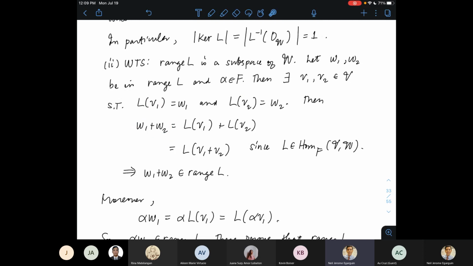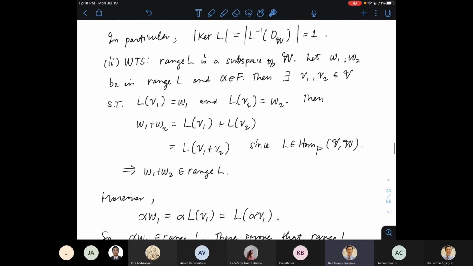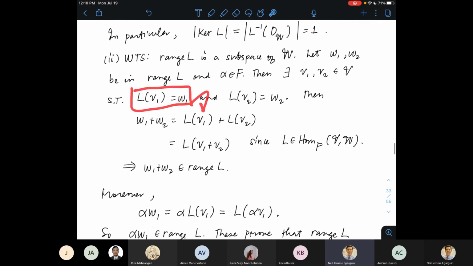But I can change W1 into LV1 from this assumption. So W1 was changed to LV1 and W2 was replaced by LV2, which is fine. And then we'll use the linearity of L. So that means W1 plus W2 is equal to L of V1 plus V2. And what have we shown here? We have shown that W1 plus W2 is the image of V1 plus V2, right?